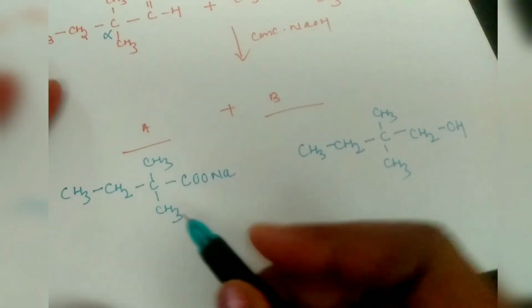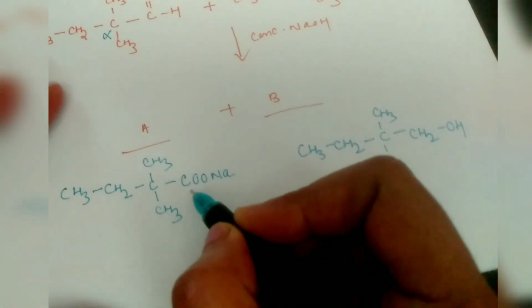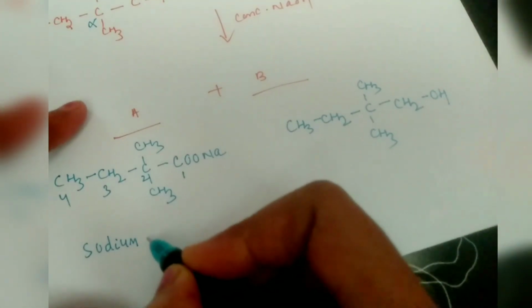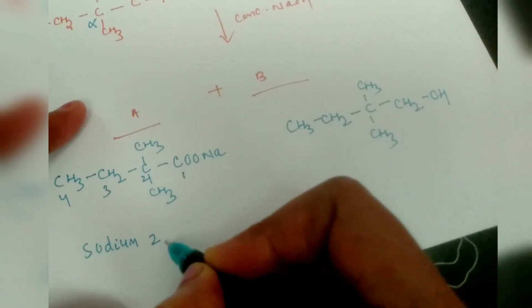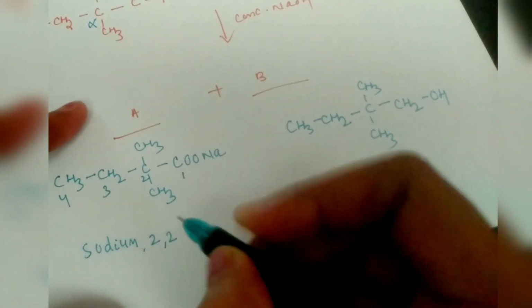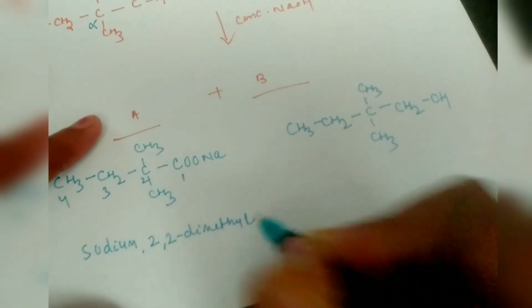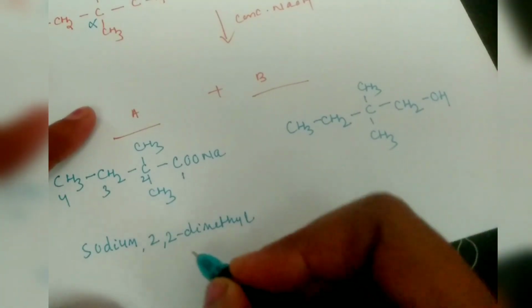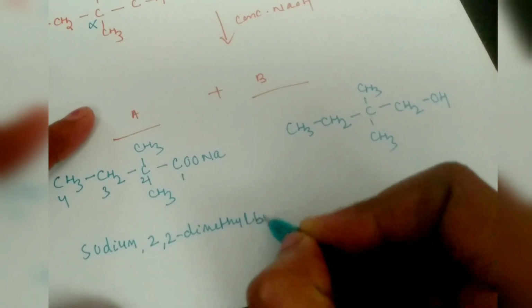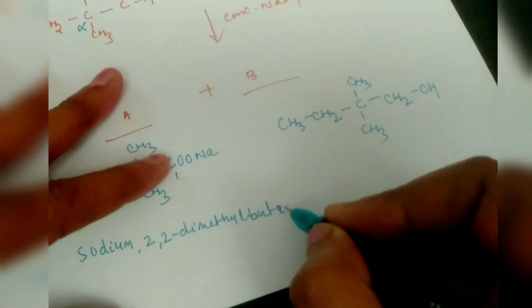Okay. Now, what is the name? You can write the name on your own. 1, 2, 3, 4. So it is sodium 2,2-dimethylbutanoate. Okay. Earlier it was sodium 2,2-dimethylpropanoate.